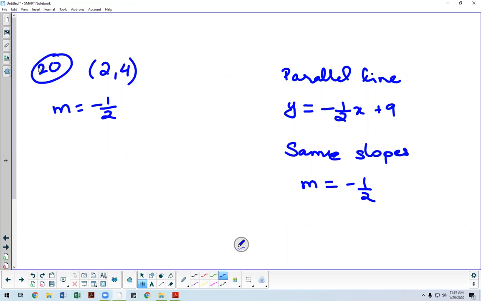So again, you can use y equals mx plus b to come up with the equation for our line, or you can use the point-slope form. Let's fall back to that one since we did y equals mx plus b last time.